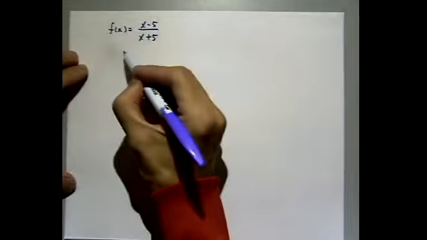So we imagine that we get the terms of that sequence out of this function here. If the function is increasing, then the sequence is increasing. If the function is decreasing, then the sequence is decreasing.